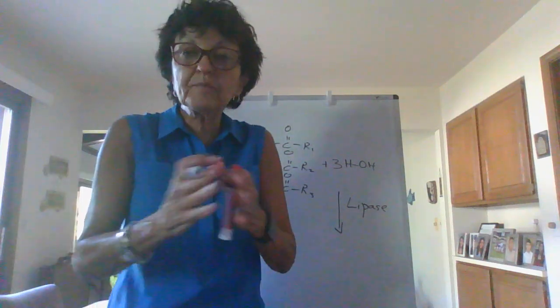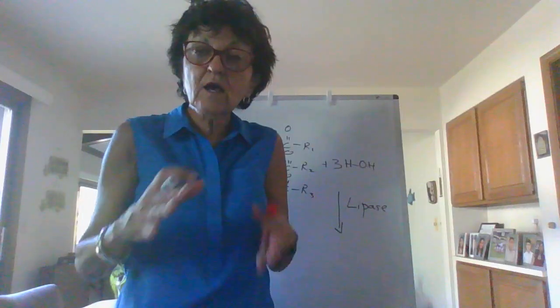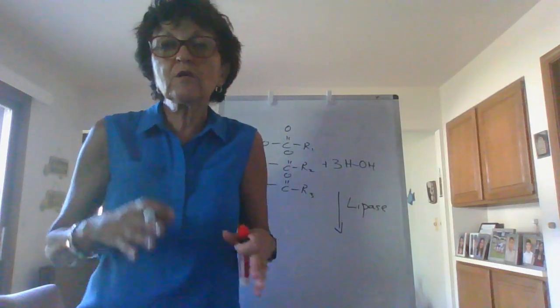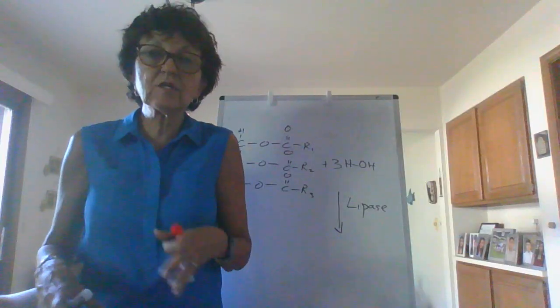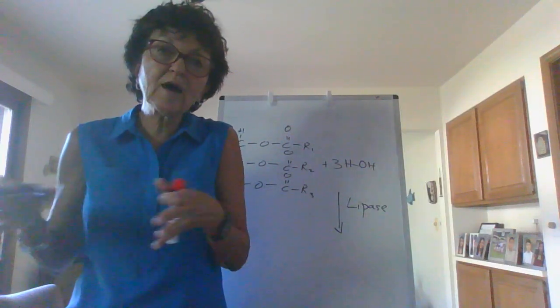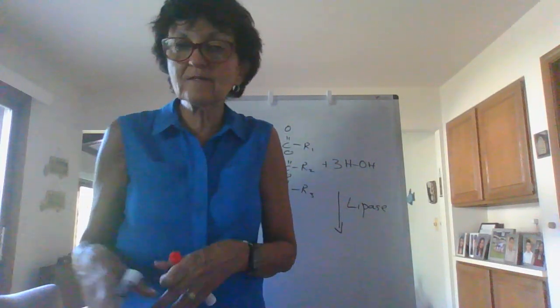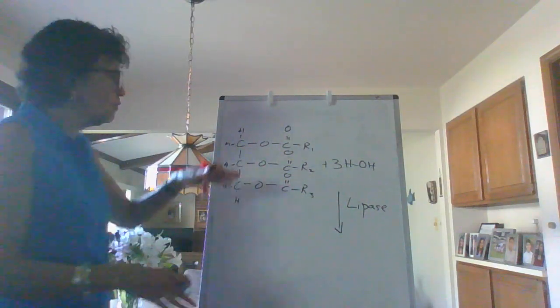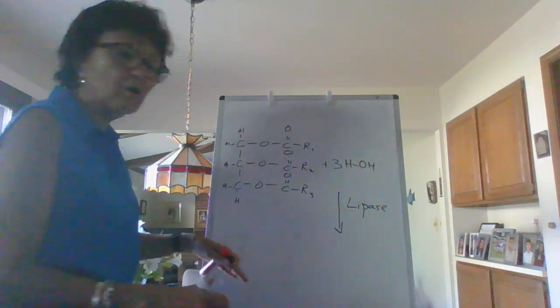So we're going to do a complete hydrolysis. In your body, you only do a partial hydrolysis in the small intestine, and usually you will break it down to turn it into a monoglyceride and 2 fatty acids. Anyway, but for now, we want to do a full hydrolysis. We want to break all 3 ester bonds.